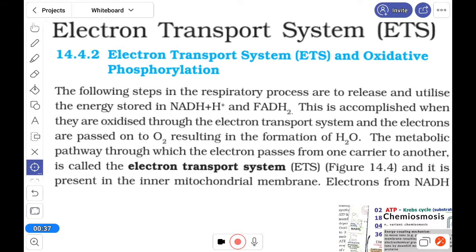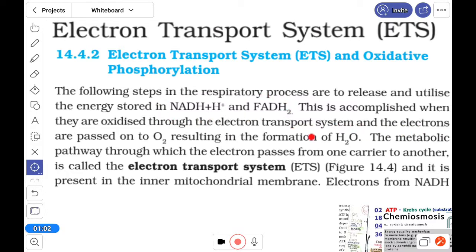Now, here it is the electron transfer system. This process will start from the products NADH plus H and FADH2. Here the energy stored in these is utilized.